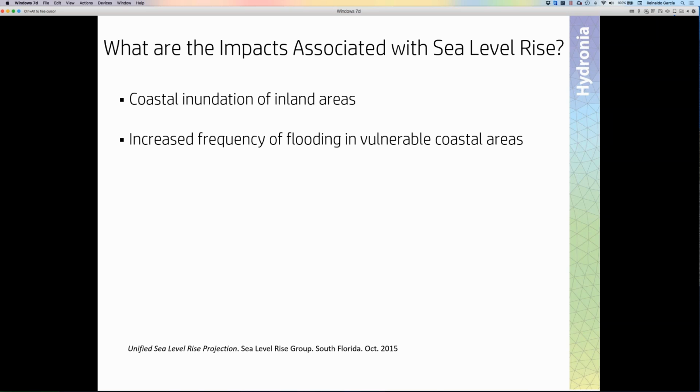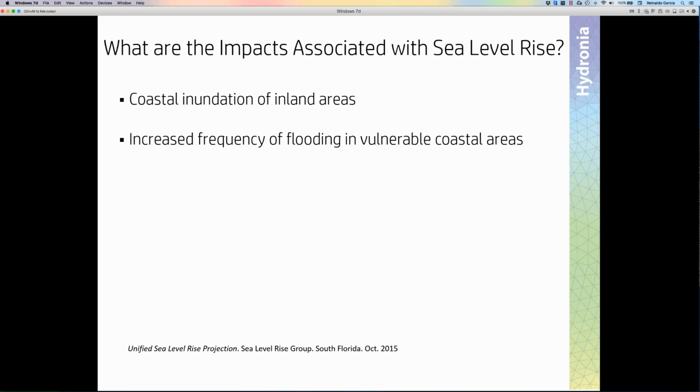It's also another factor that gets combined and increases the frequency of flooding in coastal areas. So the higher sea level combined with storm surges and tidal effects generates coastal flooding. I met a friend a couple of weeks ago, whose house is near the coast in Florida, and he's been living there for 25 years.